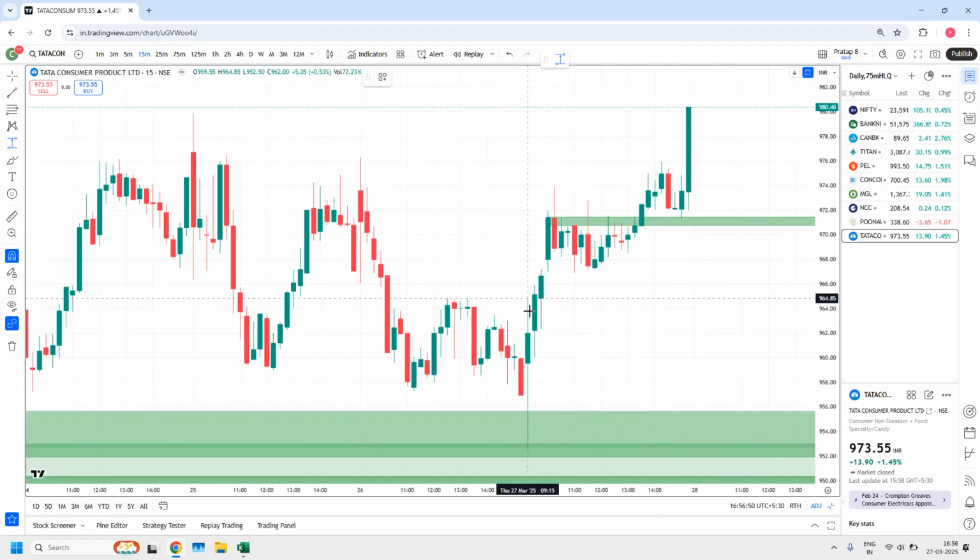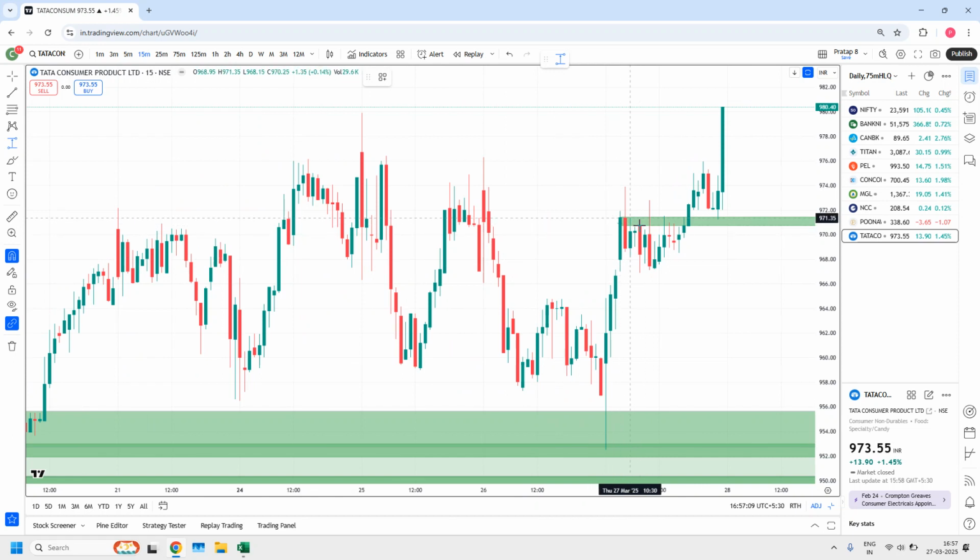See, in the morning candle, this is gone. After that, prices came and again started moving up, moving up, moving up. This is easily violated, and here the trailing stop has been hit. So that is the reason why I made the target calculation up to here. Maybe after that it moved further, but see here, a lot of time it was stuck within this area only.